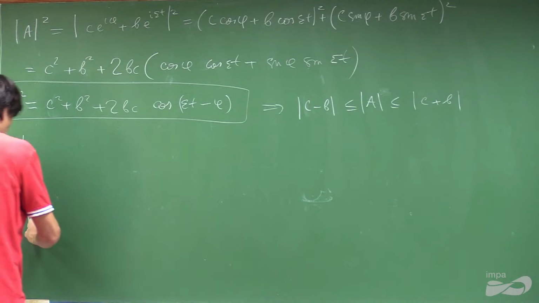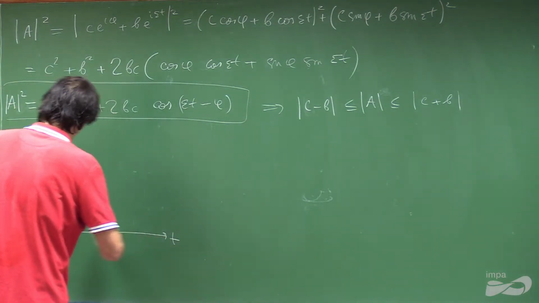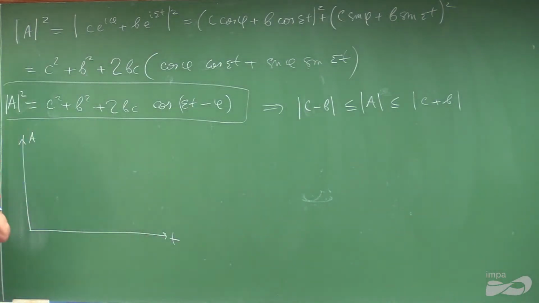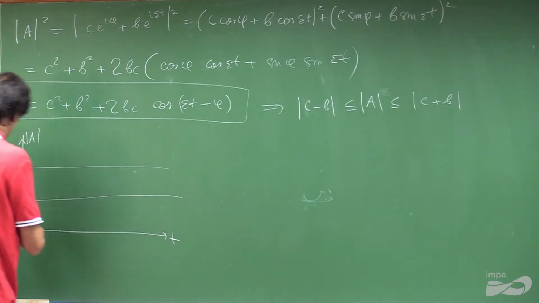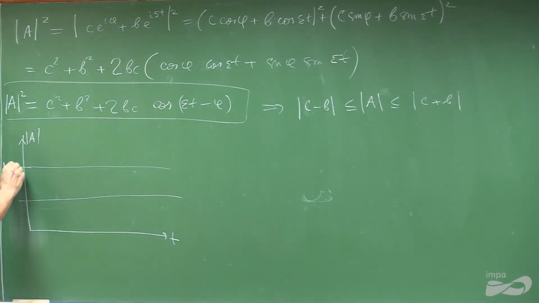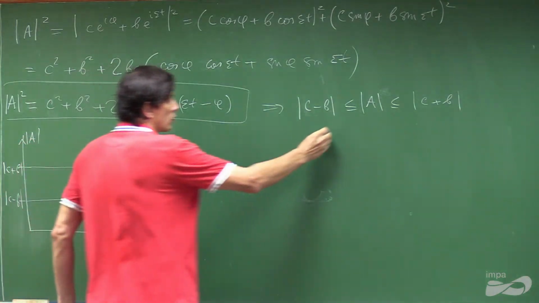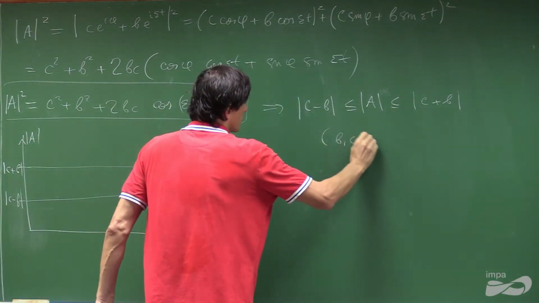So first of all, the modulus of the amplitude oscillates between two values: modulus C plus B and modulus C minus B. Here we assume that B and C are both positive.